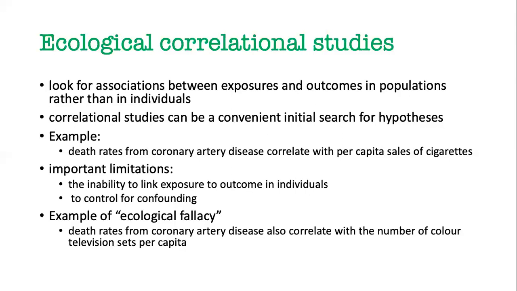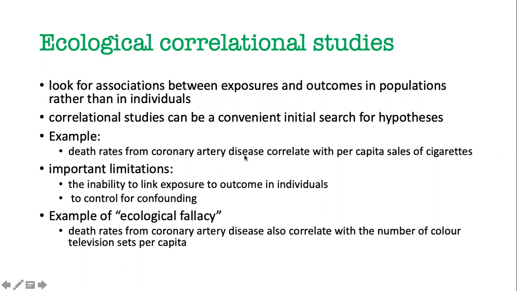An important limitation of this kind of study is the inability to directly link an exposure to an outcome in individuals. So, for example, in this example, we cannot directly say that the cigarettes directly cause the CAD.